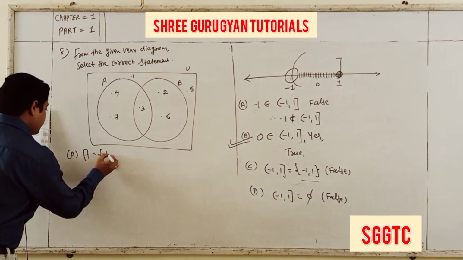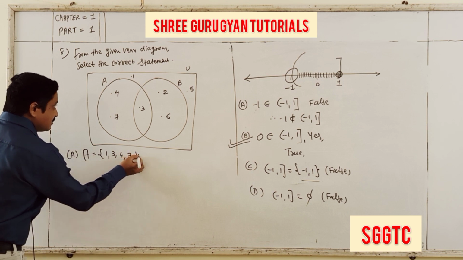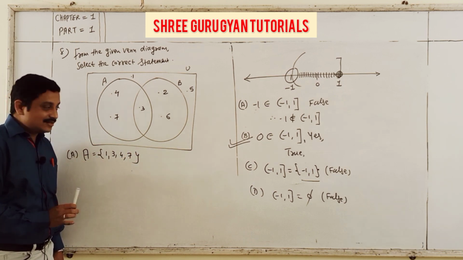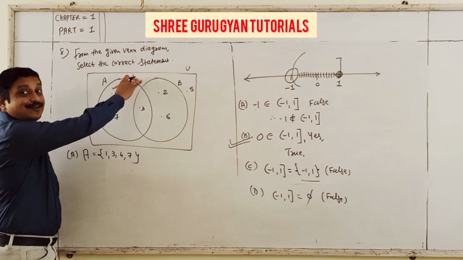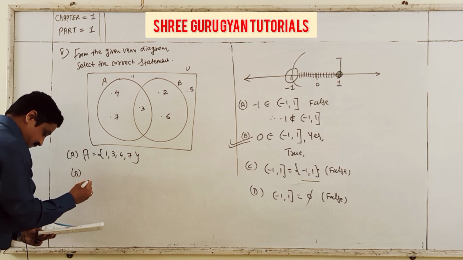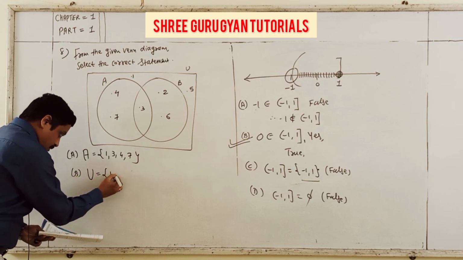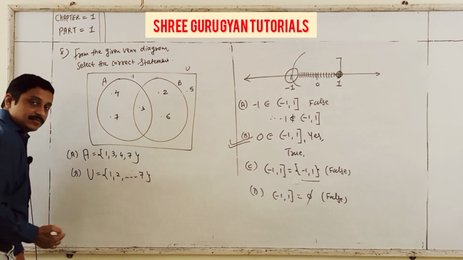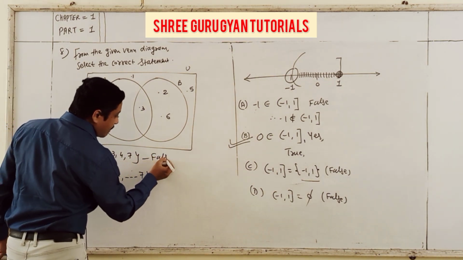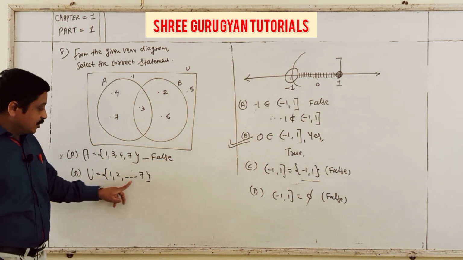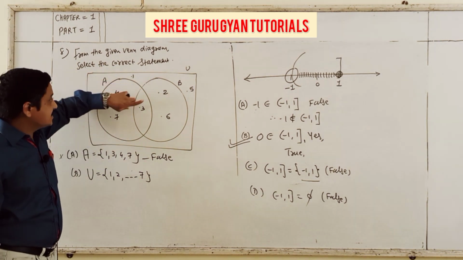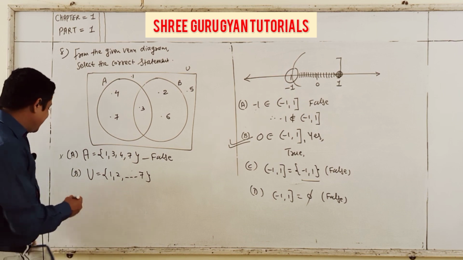Set A is 1, 3, 4, 7. Check if it is true. 1 is not an element of A. This is not true. Second, U is 1 to 7. Check: U is 1, 2, 3, 4, 5, 6 and 7. Yes, it is a true statement.